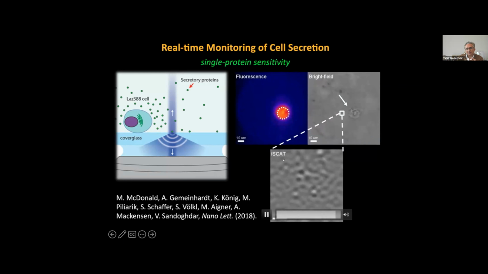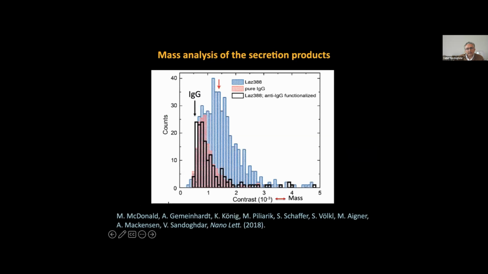What you see here at the very end, this is after more than half an hour, this cell was lysed because the pH had gone out of control. But along the way, we could establish histograms where you can show, for example, the contrast of the proteins that you've detected, the iSCAT contrast, and you see how frequent which contrast is.